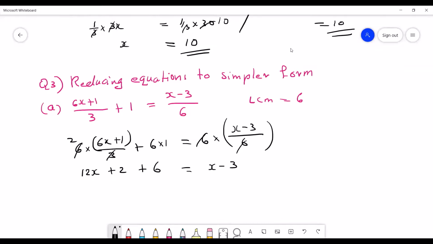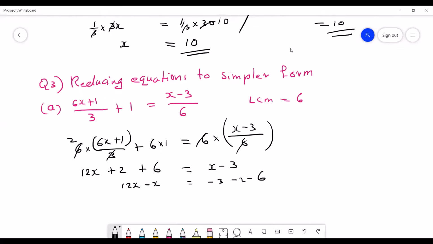So now bring the constant term right hand side and variable term left hand side. Then 12x we are having, we have to bring this x from the right hand side, so it will become minus x. Here in right hand side we are having minus 3 already there. When x will go, 6 and 2 will go there, that will become minus 2 and minus 6.